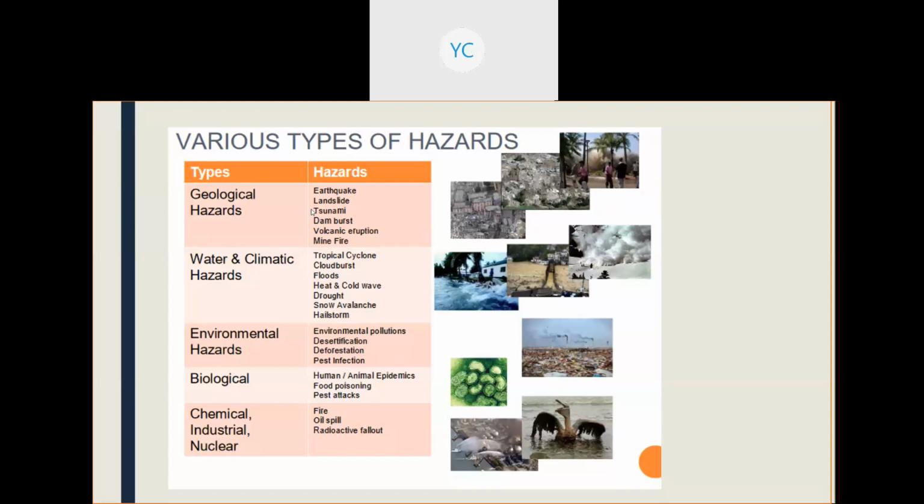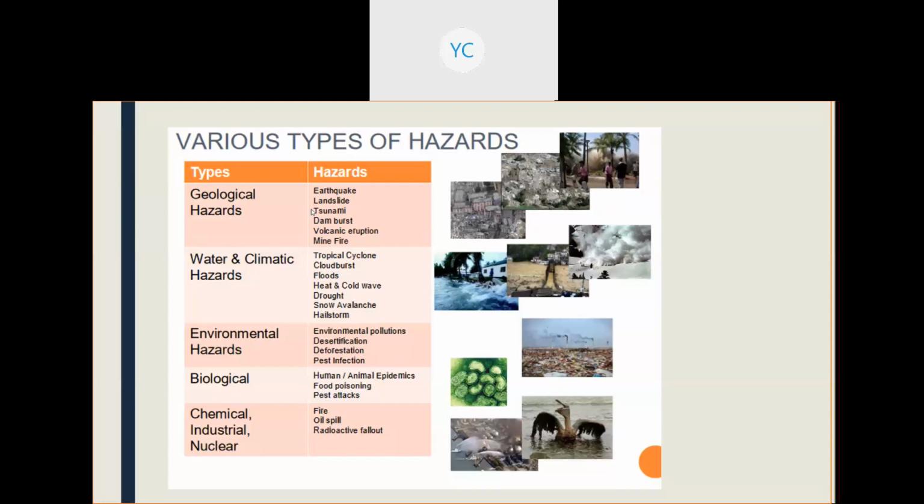Please remember, up to this point, that a hazard is a natural event, especially the natural hazard. A flood is a natural event, an earthquake is a natural event, a tsunami is a natural event. Nothing is unnatural about these things.